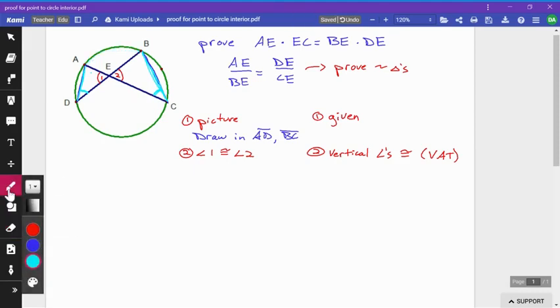So that's what I want to say, is that step 3, I can say that angle D is congruent to angle C. And now we need a reason. The reason just isn't inscribed angles, but it's going to be inscribed angles that intersect the same arc are congruent.